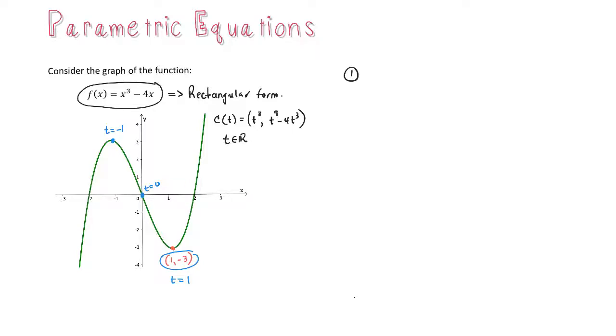Whereas if you want to express a curve in rectangular form, that means you want to write y in terms of x, just like this. For you to be able to do that, you must have a curve that is a function. If the curve is not a function, you're stuck. You cannot find an expression in terms of x to represent that curve.